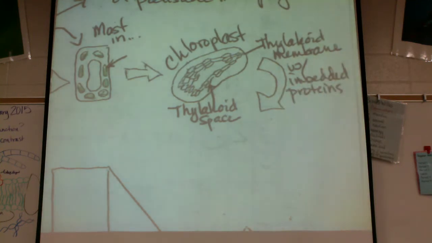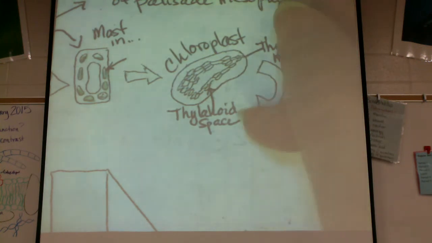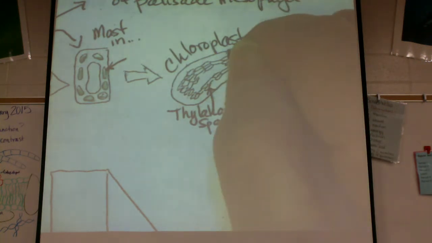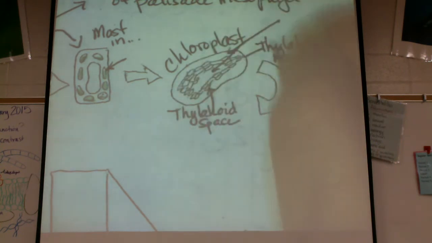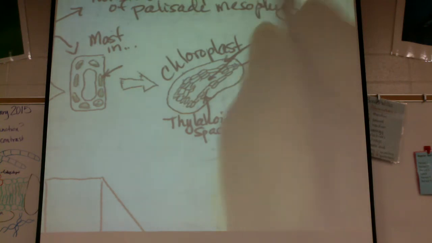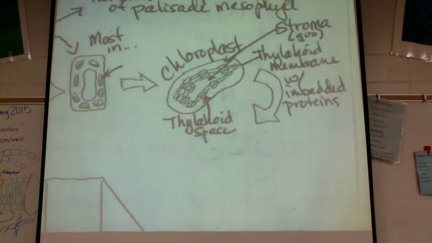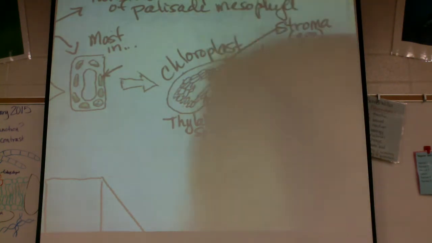Those are integral proteins, and it has peripheral proteins. Remember when we talked about transport proteins in the phospholipid bilayer? Those kinds of things. Any open space that surrounds these thylakoid membranes is going to be the stroma, with the R. That's the goo inside the chloroplast.